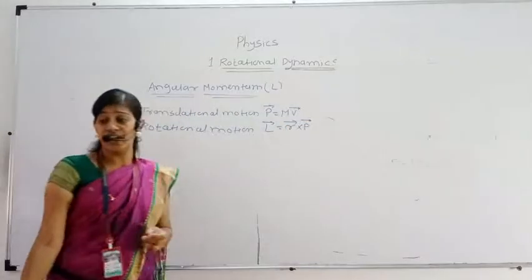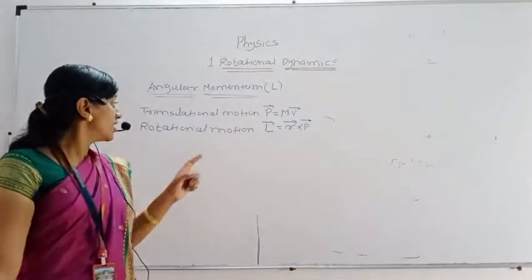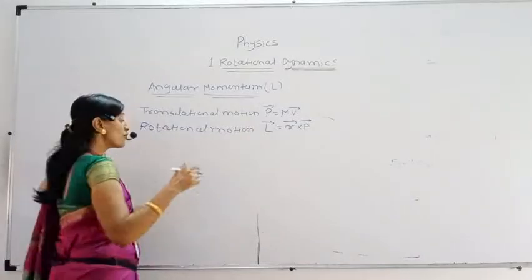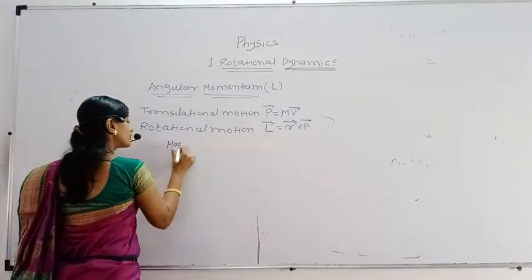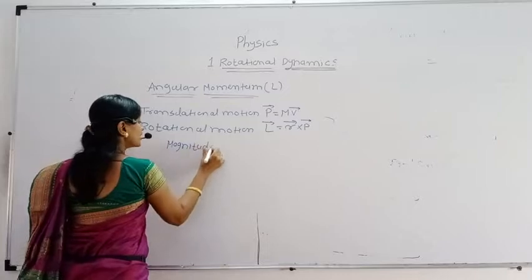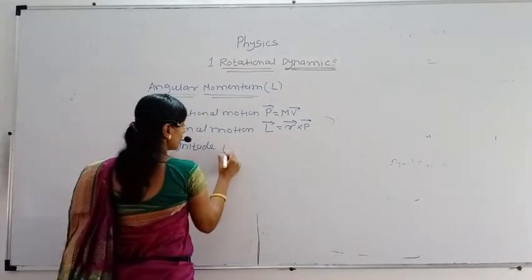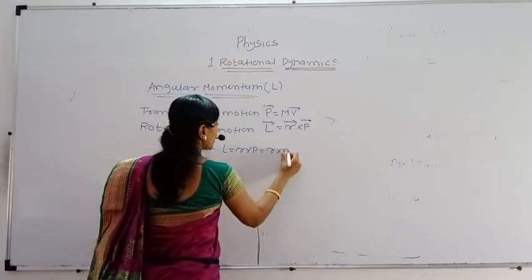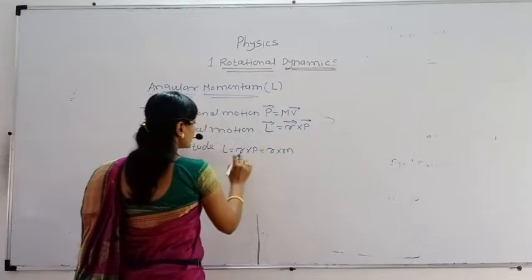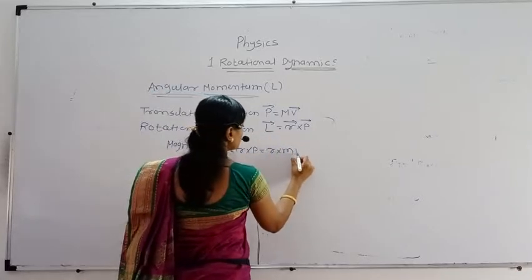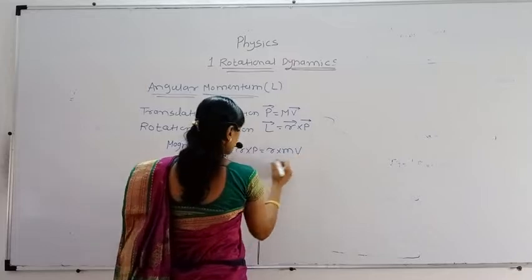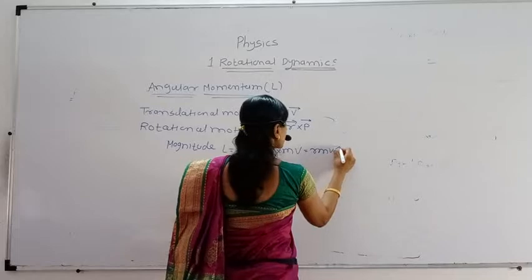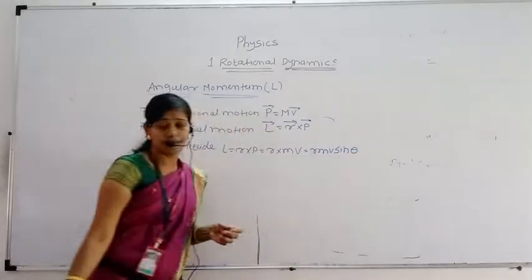If we write it in vector form, the notations are very important. When we write it in the form of magnitude, L is equal to R into P. Putting the value of P as M into V, we can also write this in the form of R P sin theta.